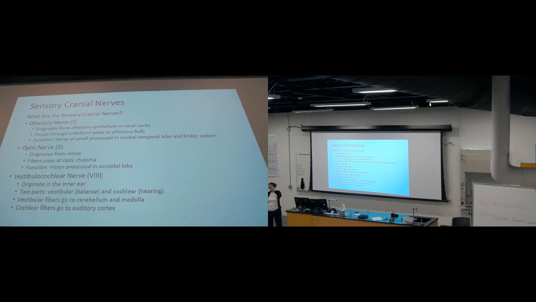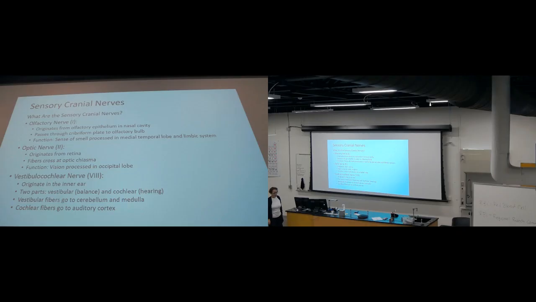The olfactory bulb, after synapses with these neurons coming from the nose, extends a series of axons that go laterally like this, or from anterior to posterior like this, forming the olfactory tract, and that information goes into the olfactory cortex. So the function will be to have the sense of smell and then bring that information into the medial temporal lobe and the limbic system.